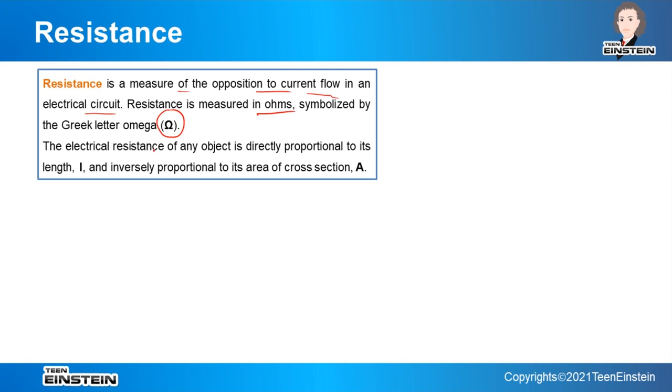Now electrical resistance of any object is directly proportional to its length, that is L, and inversely proportional to its area of cross section.